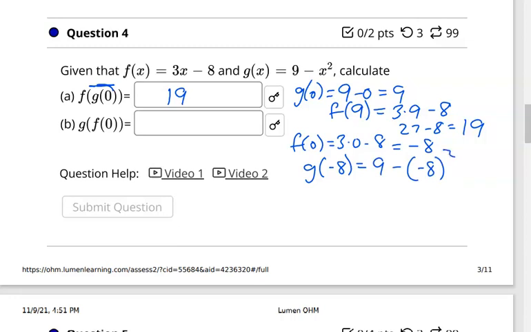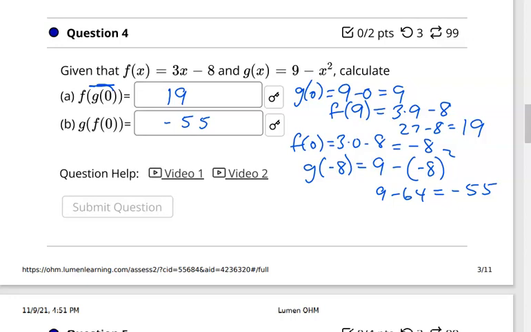Well, negative 8 squared is 64. So 9 minus 64 equals minus 55. g of f of 0: f of 0 is negative 8, and feed that to g. And now you get minus 55.